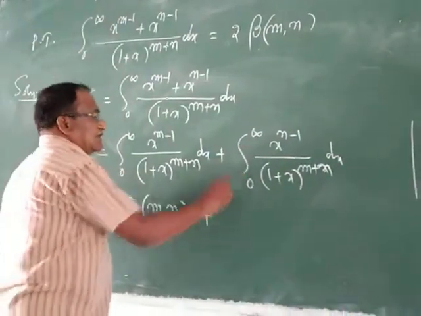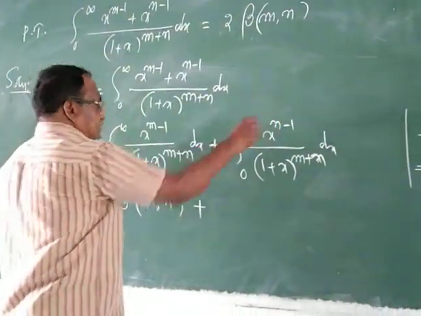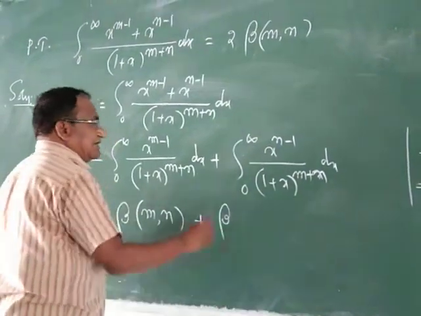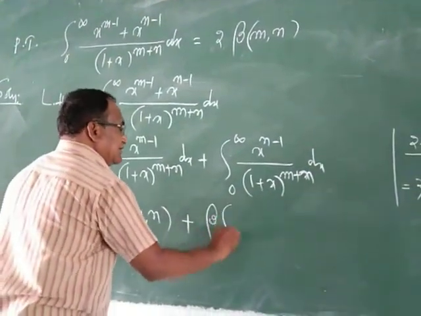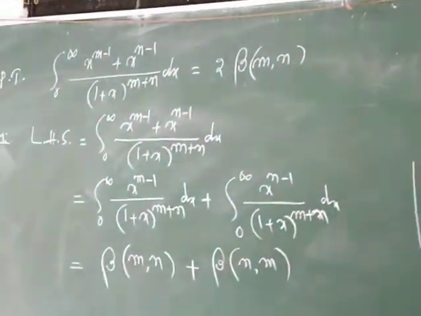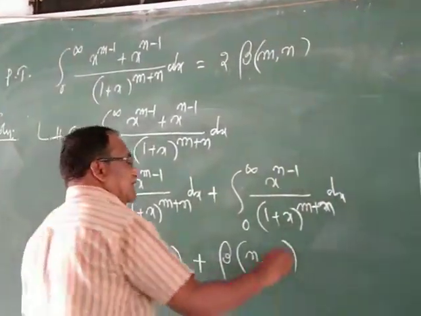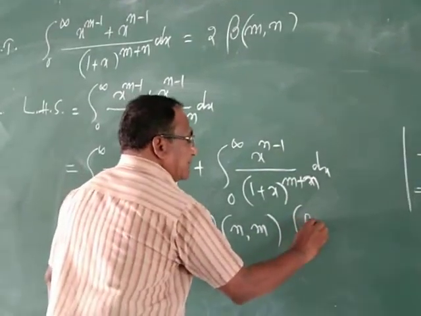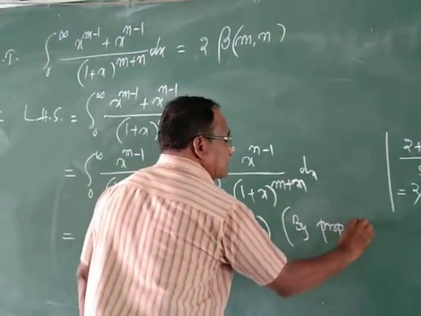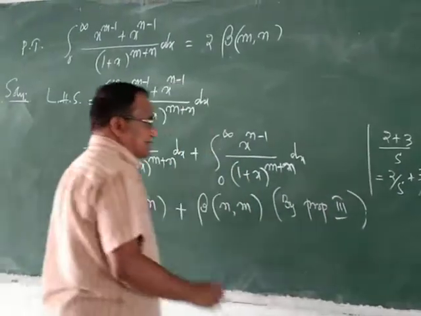Similarly here, instead of m we have n. So once again by the same property it is equal to what? It is beta(n, m). This is clearly by property number 3. Am I right?